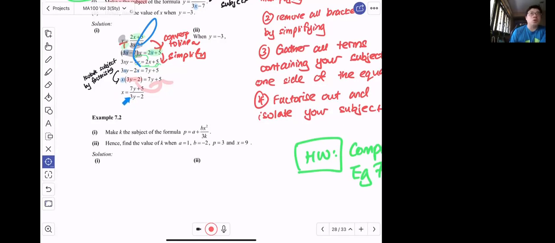That will allow you to find your x value fast. So you put x equals to 7, bracket -3 plus 5, over 3, bracket -3 minus 2. You can see that I replaced my y.